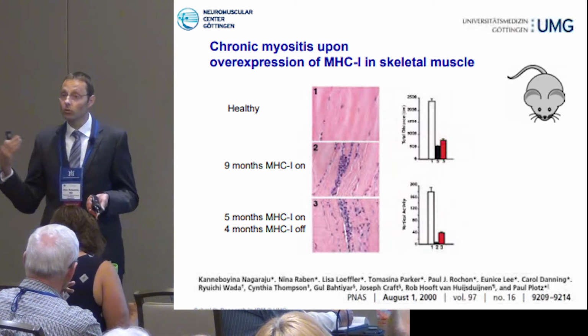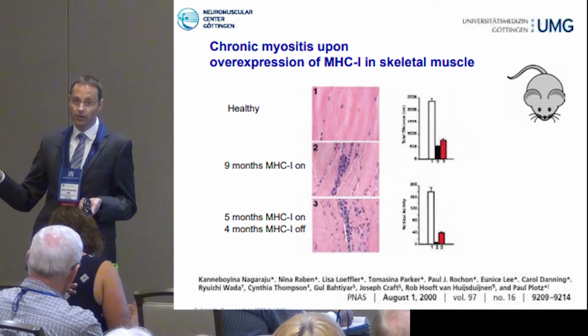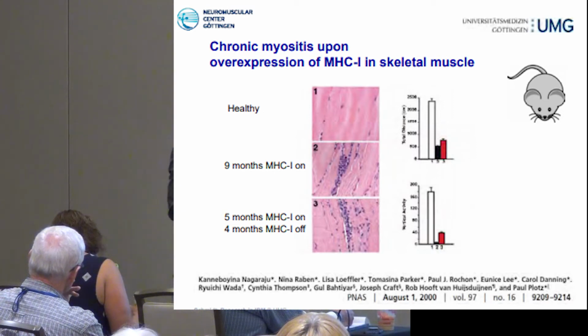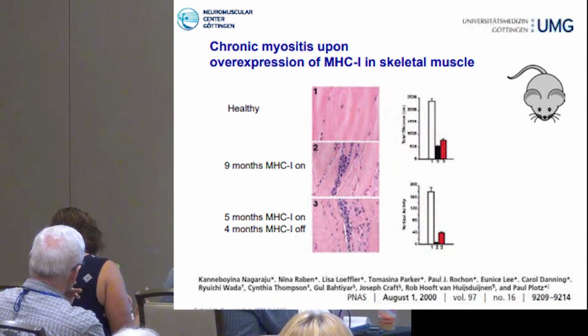Now, the model worked. They could turn on the MHC1 expression and could turn it off. So they did turn it on, and then they turned off the gene, but the expression of the protein could not be stopped.